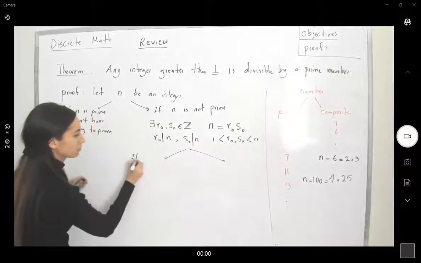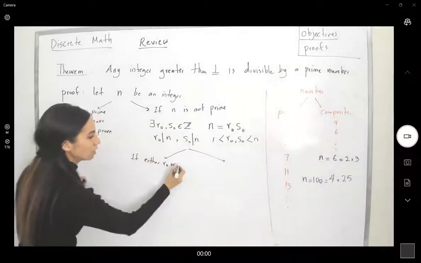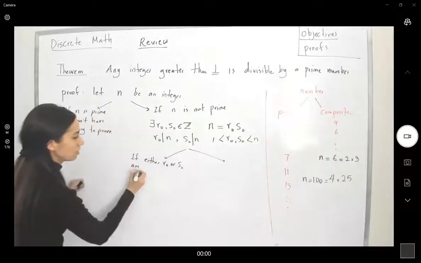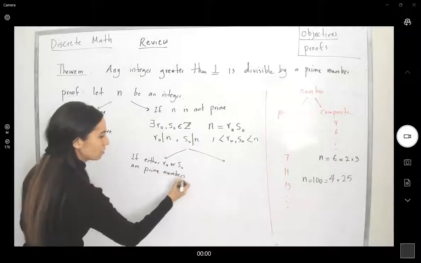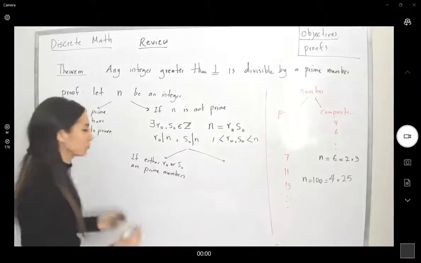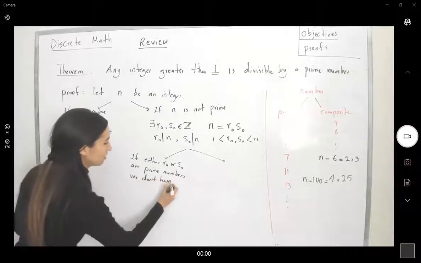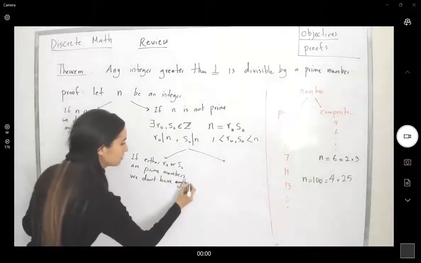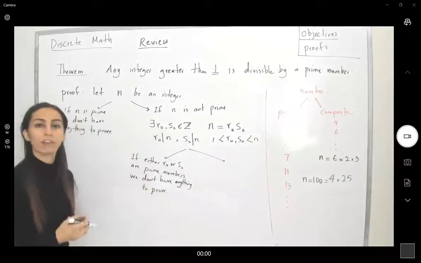If either r sub 0 or s sub 0 is a prime number, then you're done. You don't have anything to prove. What if not?